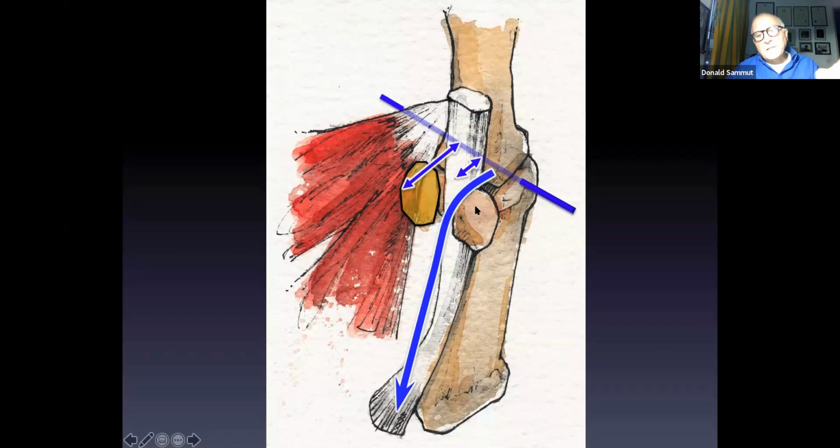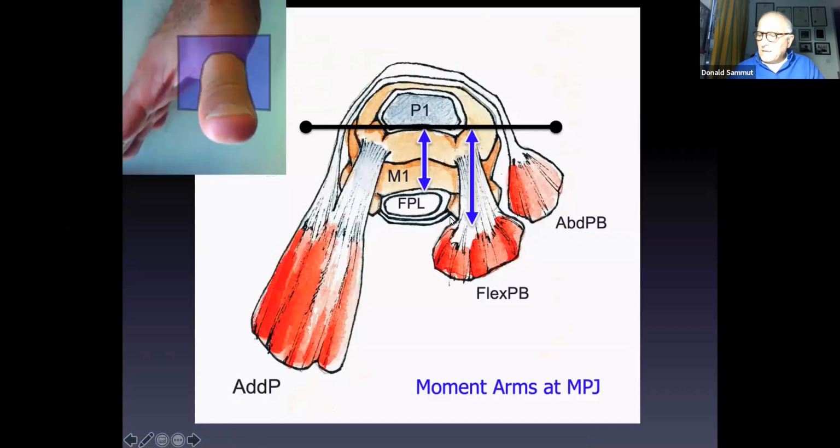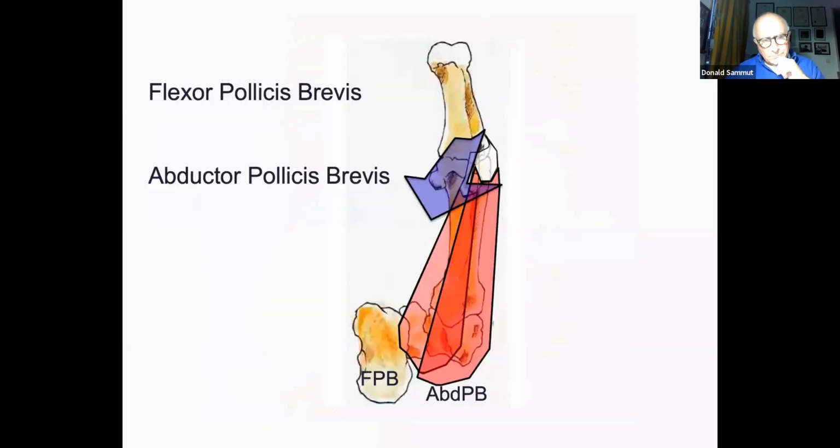And by changing the direction here, the sesamoid is going to increase the mechanical advantage. I can illustrate this differently in a cross section here. Through the base of the proximal phalanx, you can see how the axis, the moment arm of the flexor pollicis brevis increases and therefore makes it more effective. And that gives the flexor pollicis brevis an important role in stabilizing the MP joint and stopping the buckling I showed you earlier when one grips.